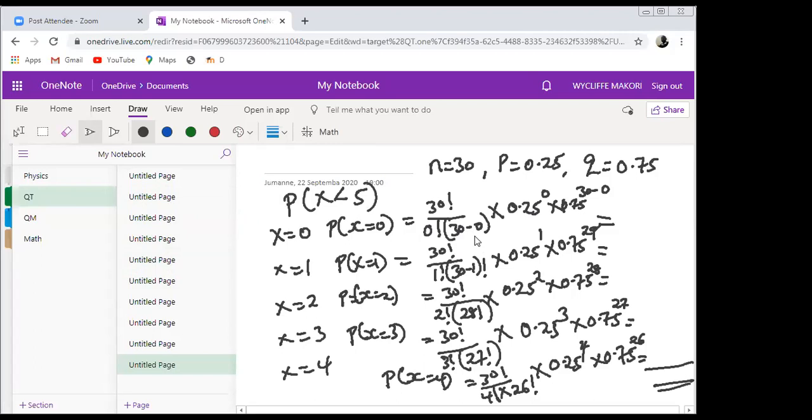We close the bracket. Then we multiply by, I want us to multiply everything once, times 0.25 power 0 times 0.75 power 30, so that we can get the whole of it once.